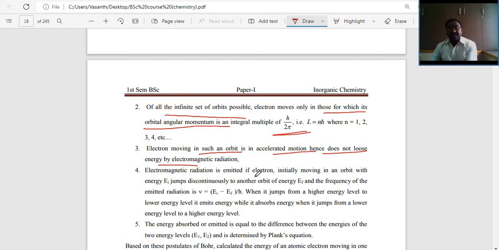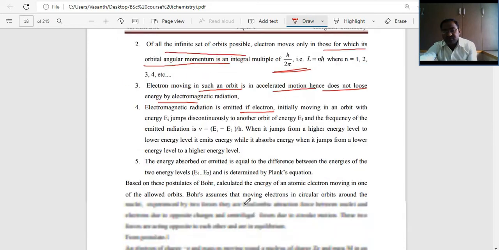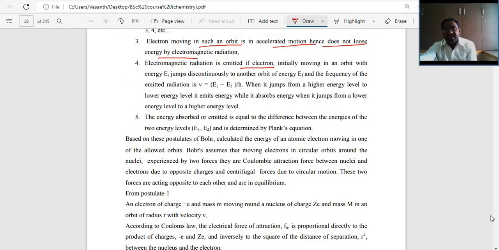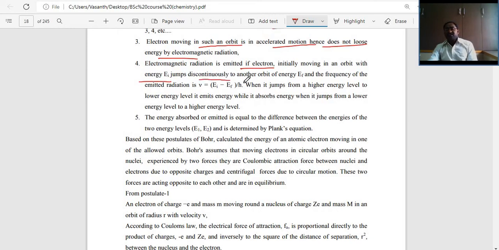Electromagnetic radiation is emitted if an electron initially moving in an orbit with energy Ei jumps discontinuously to another orbit of energy Ef, and the frequency of the emitted radiation is determined by nu is equal to Ei minus Ef by h, where h is Planck's constant.